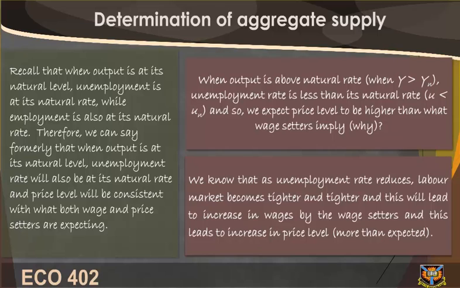When output is above the natural level, when Y is greater than Yn, unemployment rate is less than its natural rate, U is less than Un, and so we expect price level to be higher than what wage setters imply. Why? We know that as unemployment rate reduces, the labor market becomes tighter and tighter, and this will lead to an increase in wages by the wage setters, and this leads to an increase in price level more than expected.